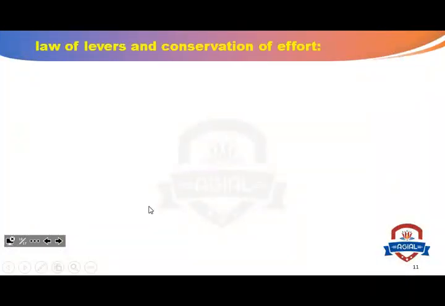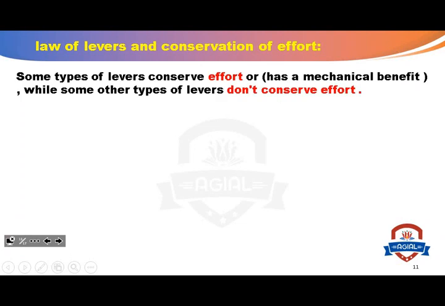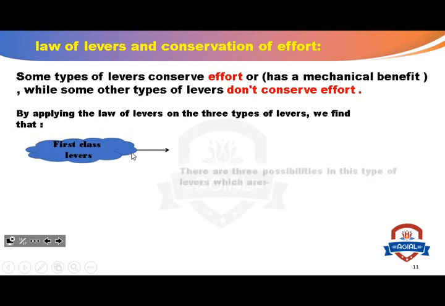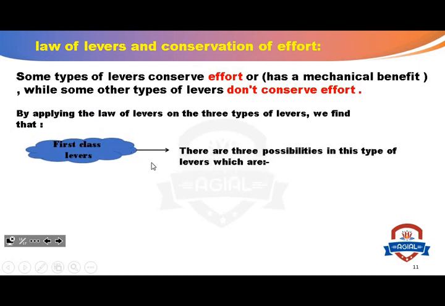Law of levers and conservation of effort. Some types of levers conserve effort or have a mechanical benefit, while other types don't. By applying the law of levers on the three types of levers, we find that first class levers have three possibilities.